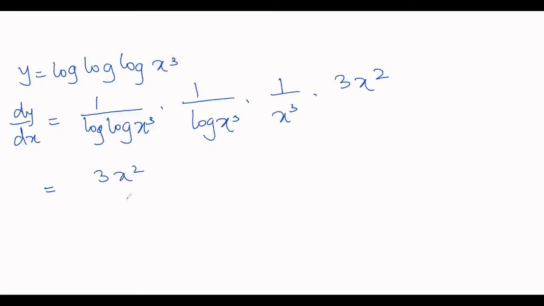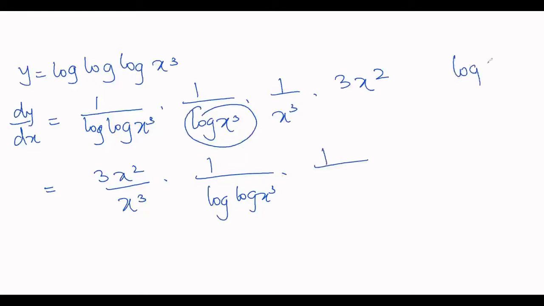So therefore, I should be able to write my final answer in this form, which is 3x squared divided by x cubed into 1 by log of log x cubed into 1 by, now look at this, log of x cubed. Okay, we'll use the power property of logarithms. I can rewrite this as 3 log x because you know log of x power k is equal to k log x. So I'm applying this property and I'll write this as 3 log x.